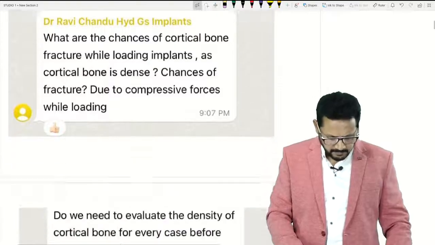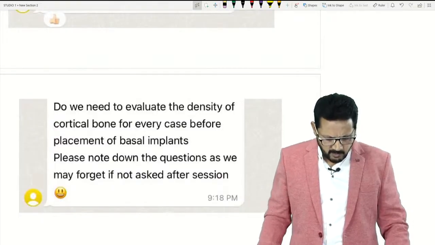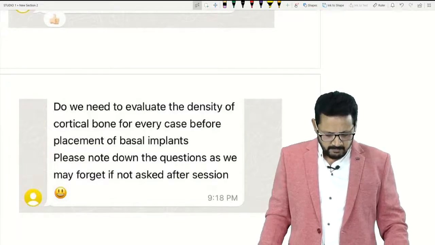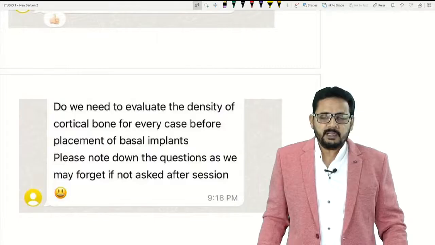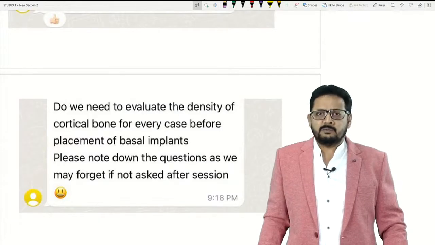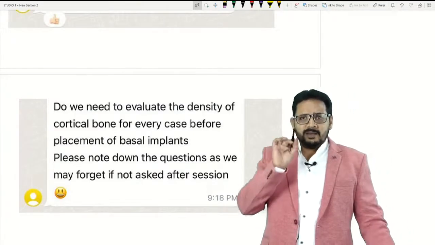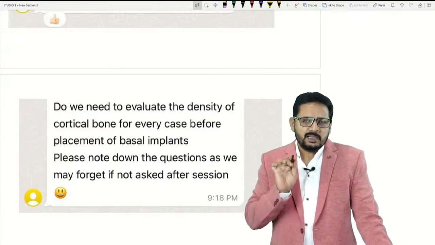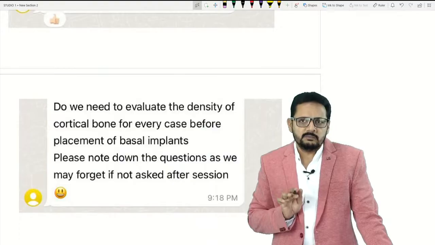Okay, got it? Next, do we need to evaluate the density of cortical bone for every case before placement of basal implants? Actually, no, not required. A simple OPG is enough. No need to measure the density of the bone, because whenever you drill, the first drill itself will tell you whether the bone is of D1 quality or D4 quality or D3 or D2.